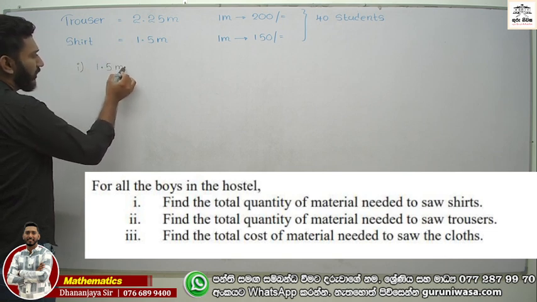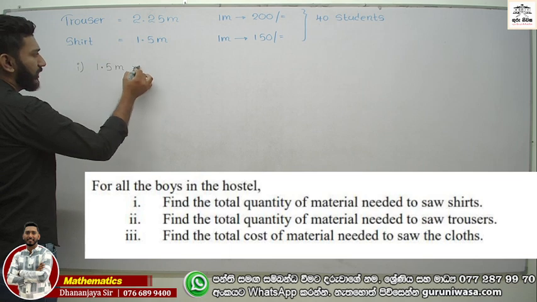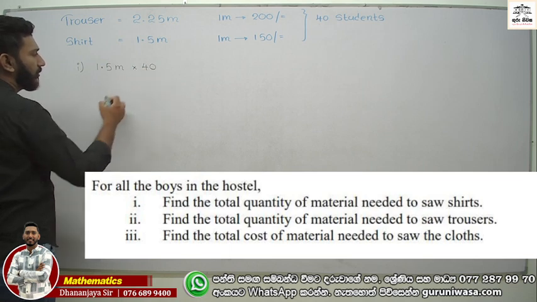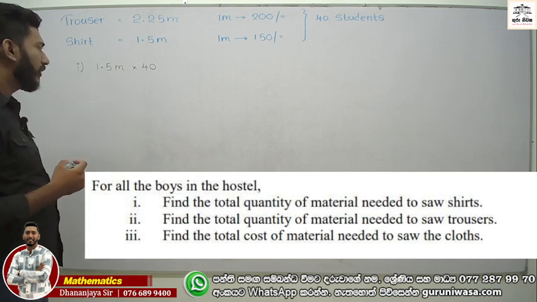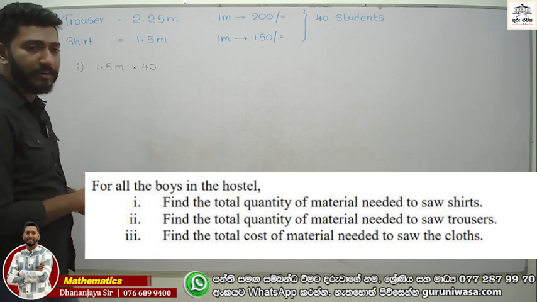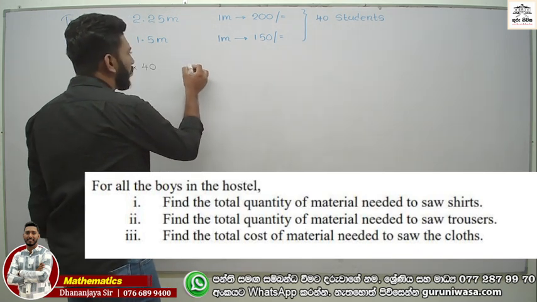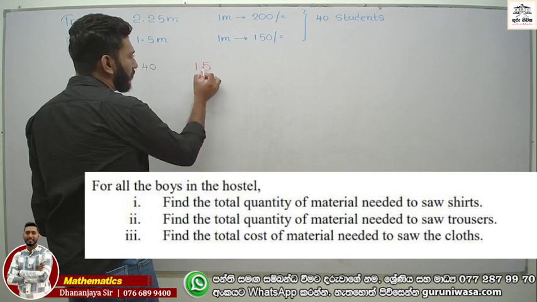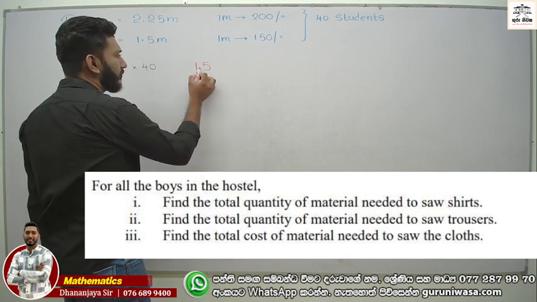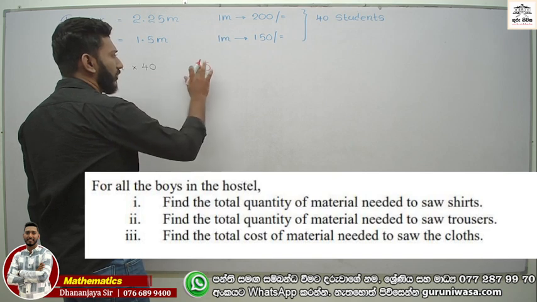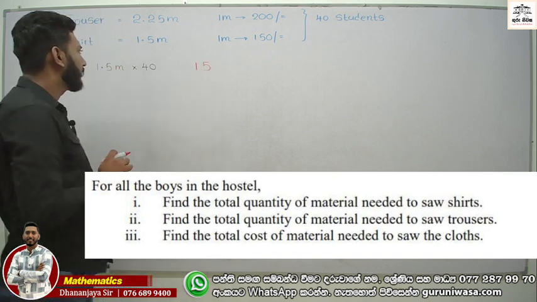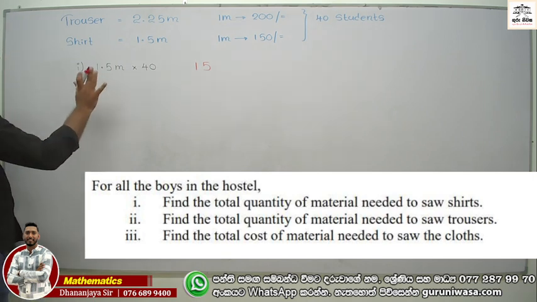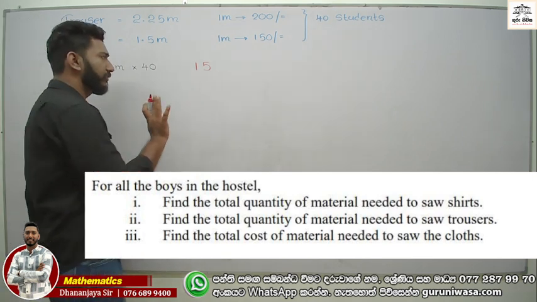Therefore, 1.5 meters multiplied by the 40 boys. You know the method: 1.5 becomes 15. Don't think of it as a decimal number, just treat it as 15.